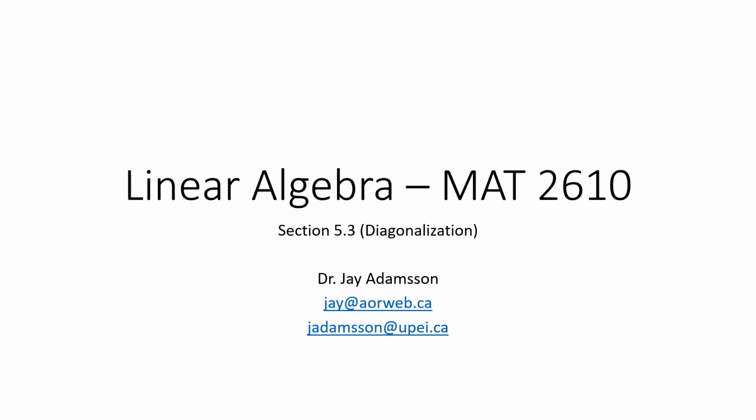So if you need to use a matrix and you can find that it's similar to a diagonal matrix, sometimes that diagonal matrix will give you some answers much easier than working with your original matrix. This lecture talks about when you can find that diagonal matrix and how to find it, and it's all tied back to your eigenvalues and eigenvectors.